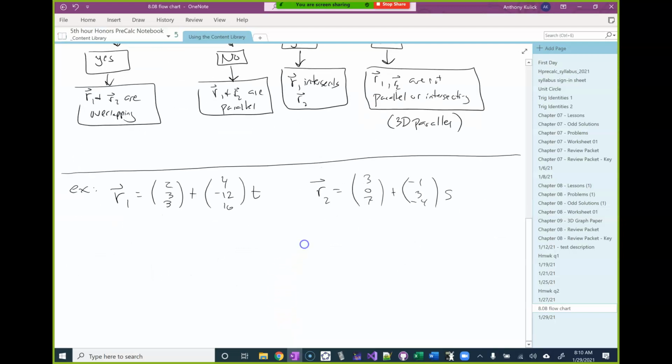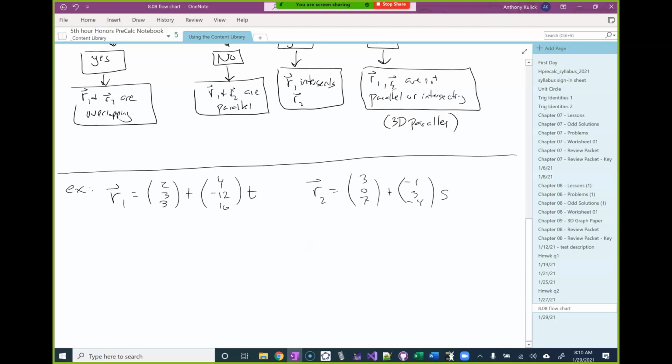If they're intersecting, we're going to give the point of intersection. The first thing we're going to do is check to see if they're parallel. So I'm going to take the direction component of one and see if it's equal to the direction vector for the other one.